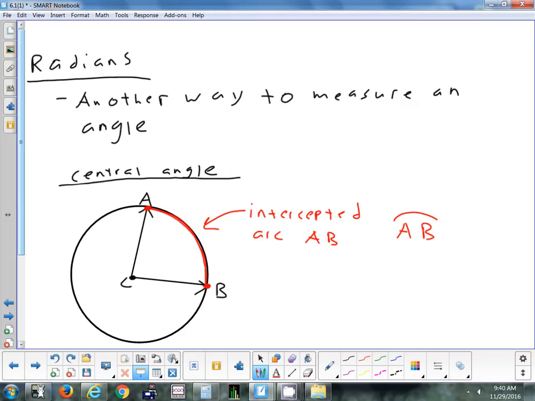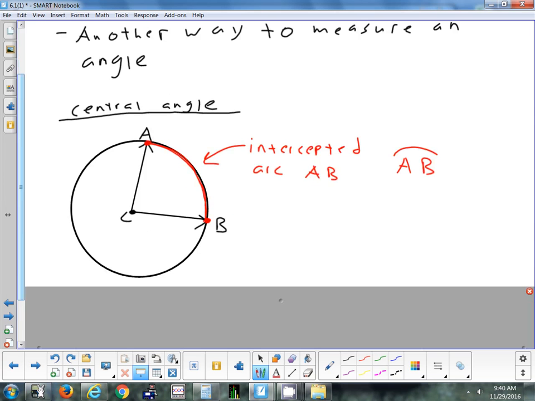Radius. Radian and radius are spelled almost the same, and they're connected. So look at the size of this arc. Does the size of this arc and the size of the radius have to be the same?